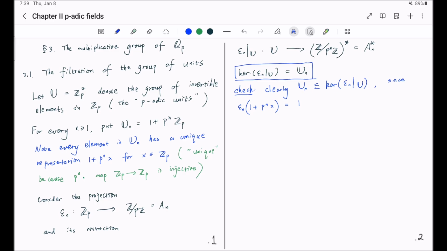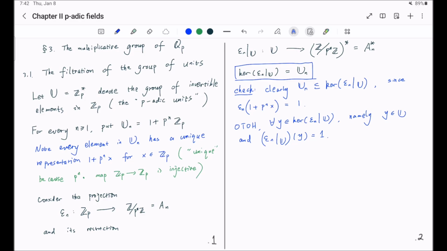So now let's check the other direction. On the other hand, suppose we have element y in the kernel of this, meaning y is in U and epsilon sub n of y is equal to 1. To be rigorous, I should write epsilon sub n restricted to U of y is equal to 1.